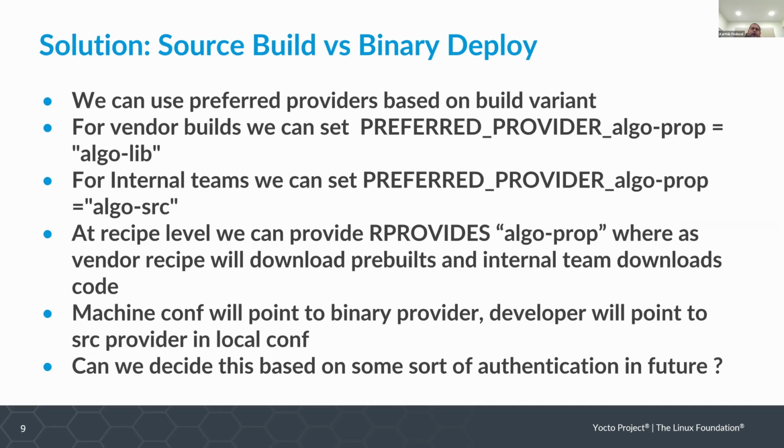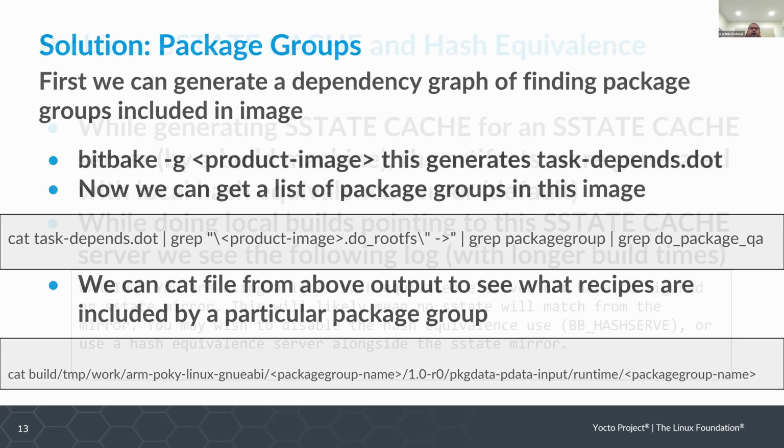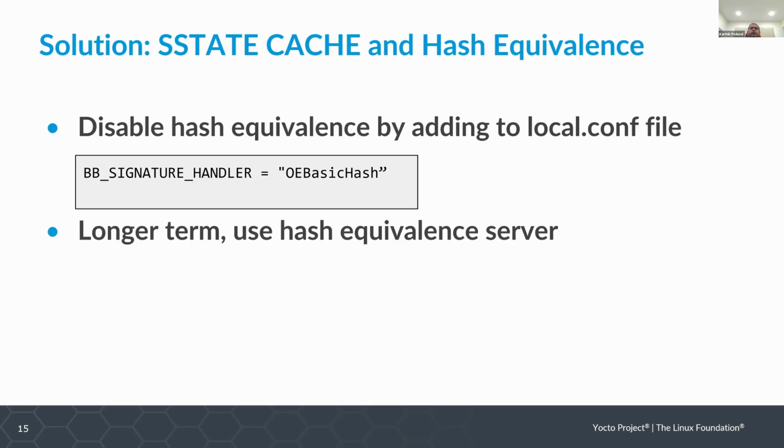So I was wondering, is there any thought process around deciding whether to build from source or from binary based on the current user? I think our current default is everybody is binary, and those who need the source will go and make the necessary changes to do that. So that's just an open question here. I think with that, our slides are done and we are open for questions.